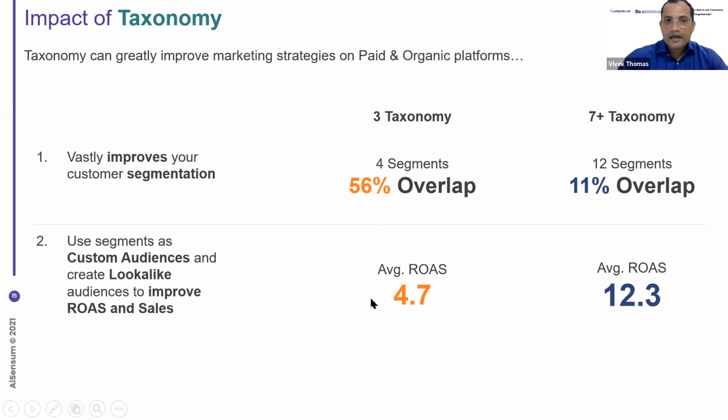And which is why you will see a significantly better return on your ad spend if you give sharp audiences, and sharp audiences will come if you have sharp definitions.